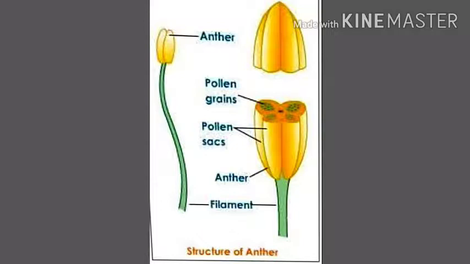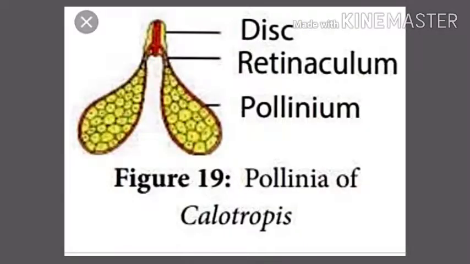The inner wall is thin one, known as the intine. These exines show one or more thin regions. They are called germpores. Through the germpores, the pollen tube comes out during the germination.